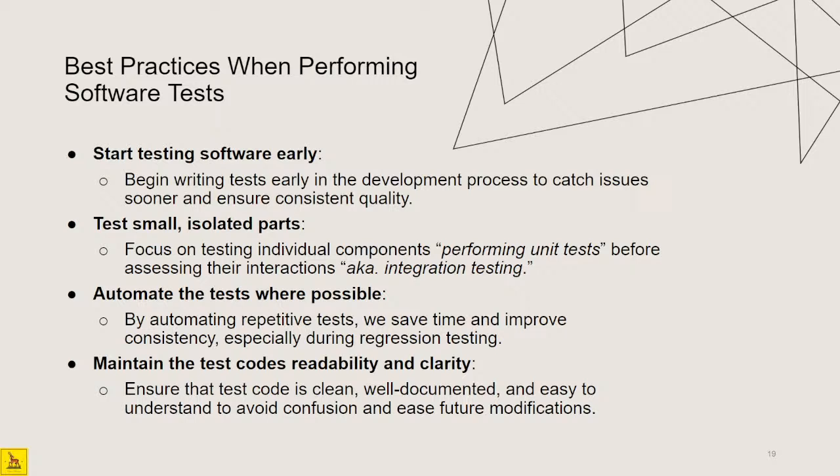And lastly, we can keep the test code readable and clear. We want to ensure that the test code is clean, well documented, and easy to understand to avoid confusion and ease future modifications. If we have disorganized test code, we're not going to know what we tested.